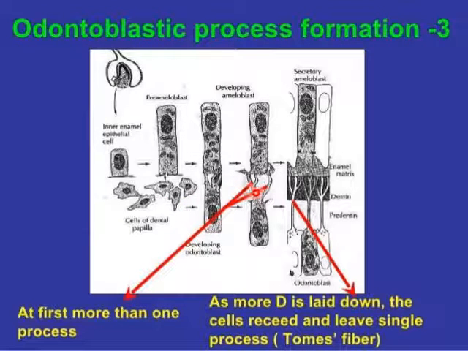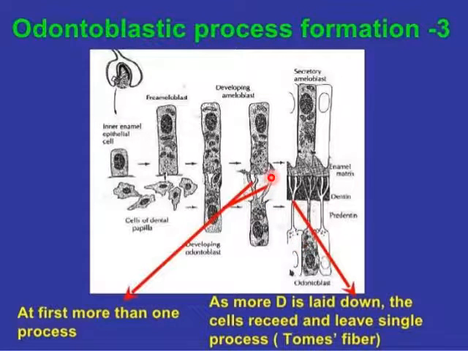The odontoblastic process, which is formed from the cytoplasm of the odontoblast, is at the beginning multi-process, and then becomes one odontoblastic process, which is continuous inside all the dentin thickness from the dentino-enamel junction to the body of the odontoblast cells present inside the pulp.